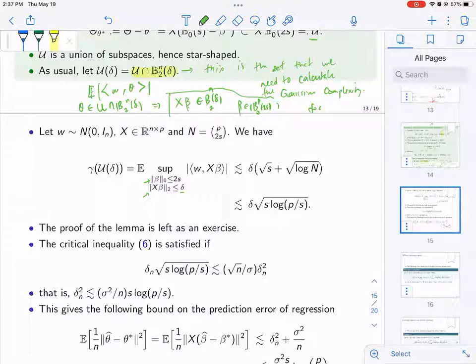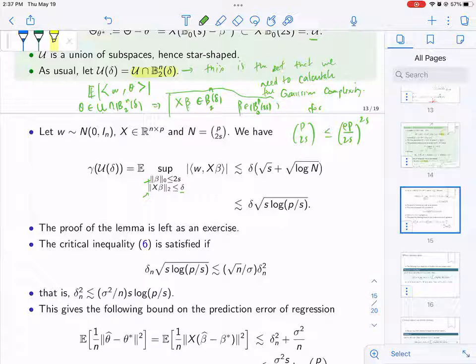You show this, and then we have a bound: p choose 2s is bounded by (ep over 2s) to the 2s. That's the bound that you get for the binomial coefficient. The e is like 2 point whatever. I'm going to ignore the e here and the 2 here, so you get (p over s) to the 2s.